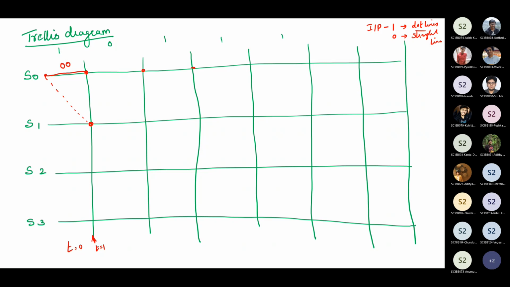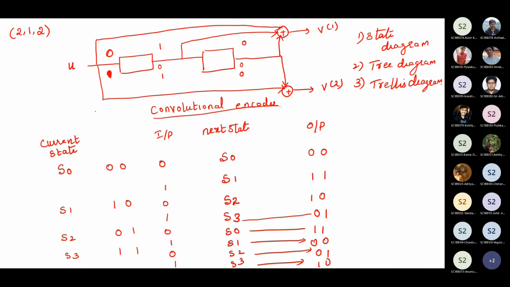So if we are standing in the S0 state, again it will move to S0 or S1. So here the outputs are 1, 1 and 0, 0. If we are in the S1 state, it goes to S2 or S3.